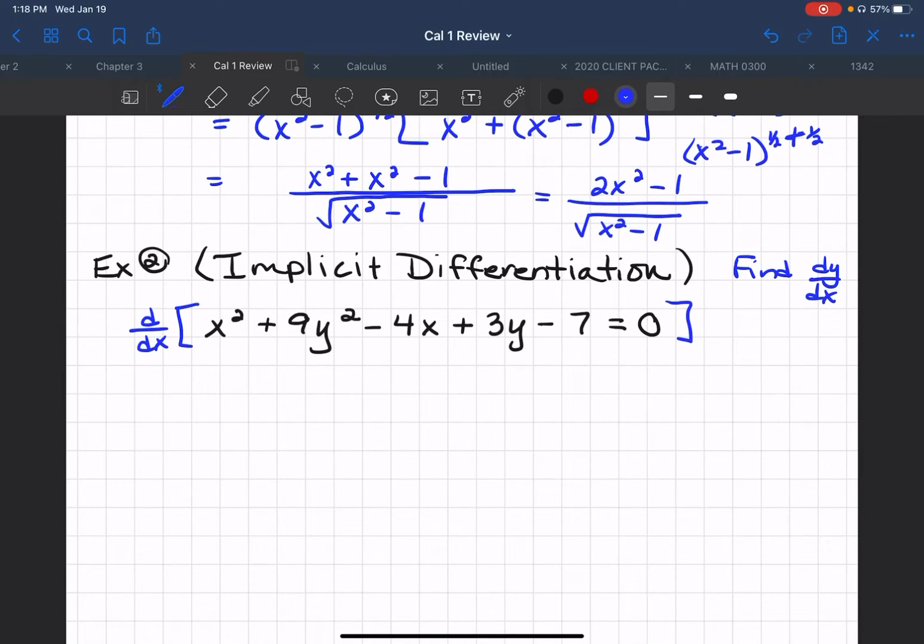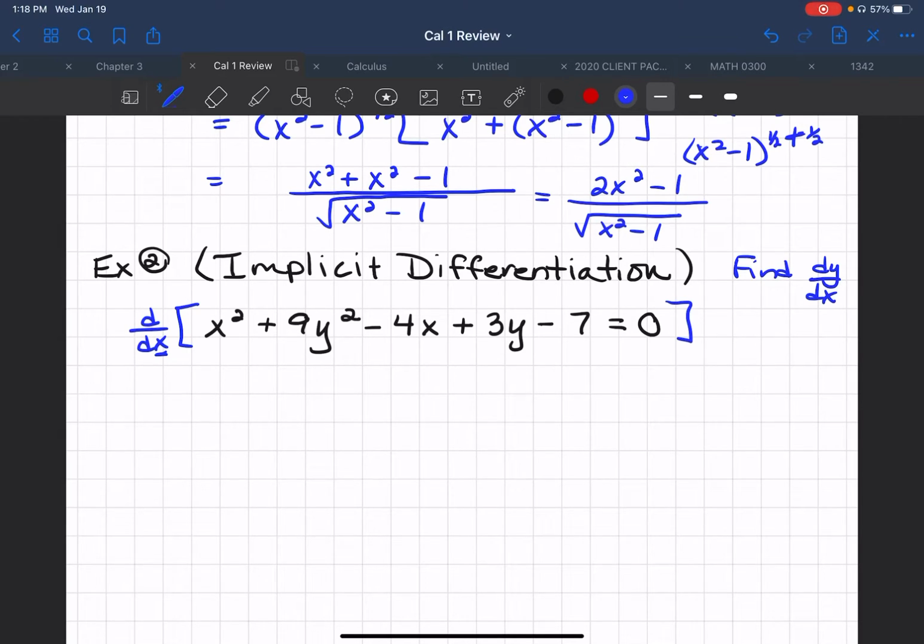Now, anytime you take the derivative of an x, because we're doing it with respect to x, you just do it normally. But any other variable, in this case since it's y, gets a dy/dx. If you had t's in here or r's in here, you get a dt/dx, or whatever it's with respect to.